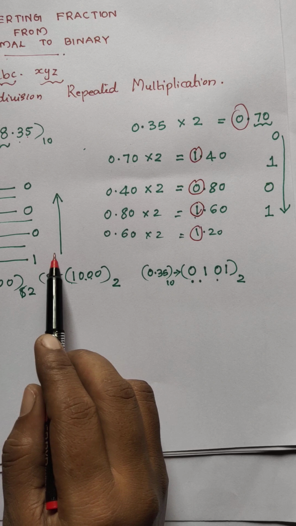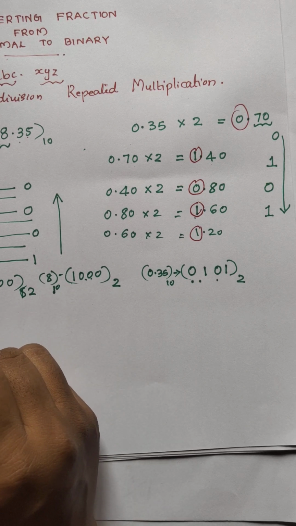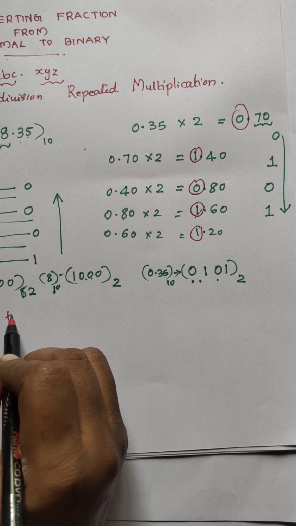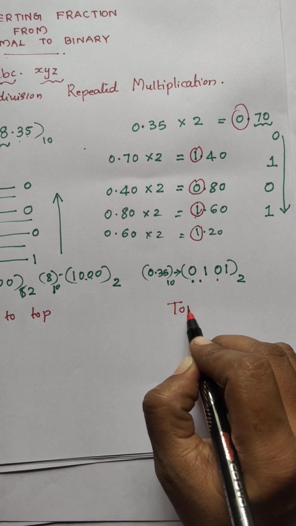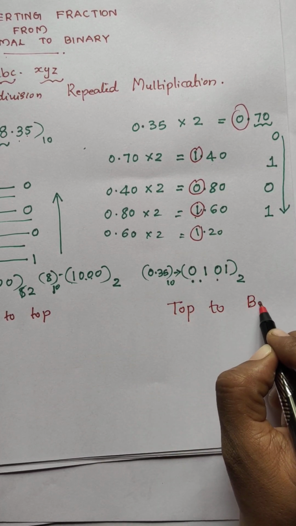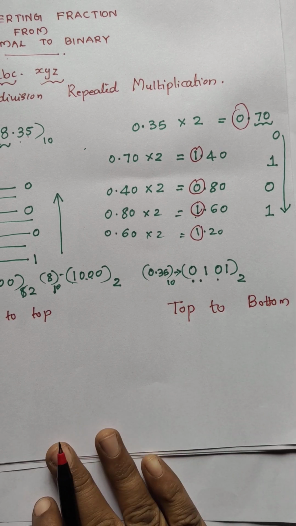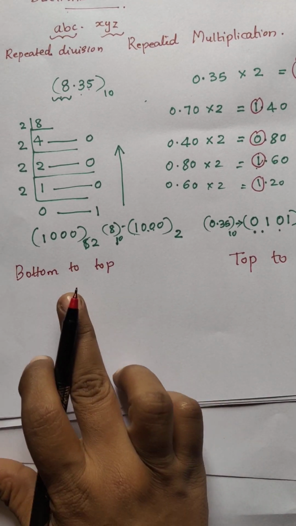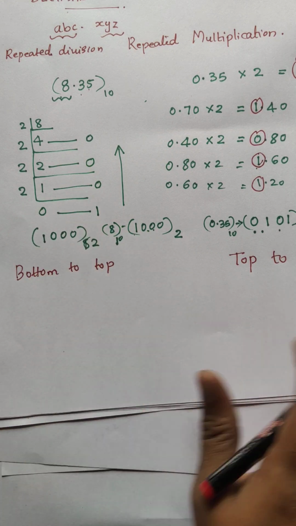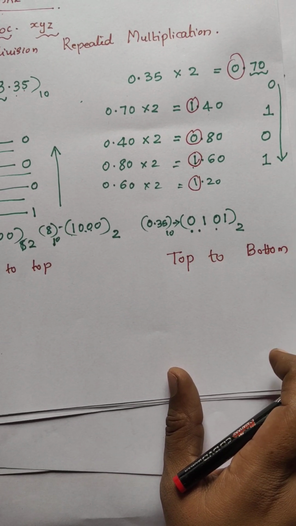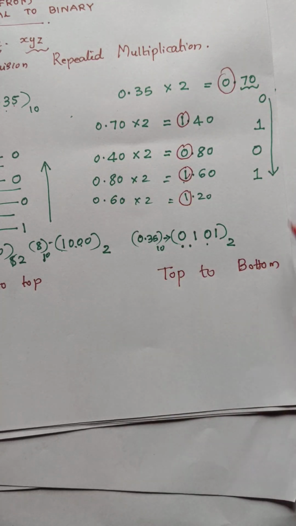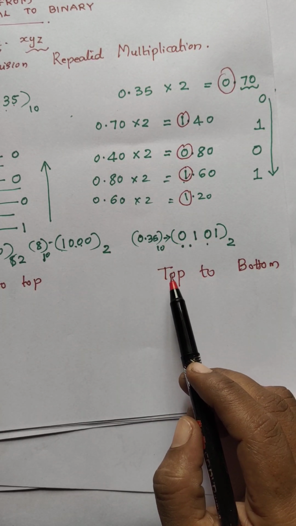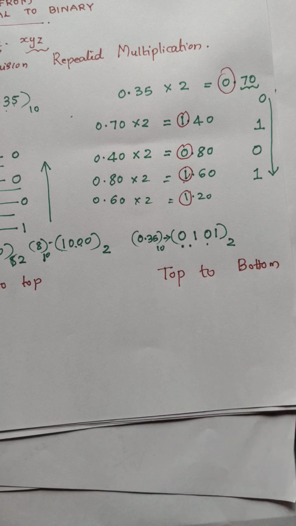This is bottom to top for the integer part, and here it is top to bottom. Is it clear? This was converting a fraction from decimal to the binary number system.